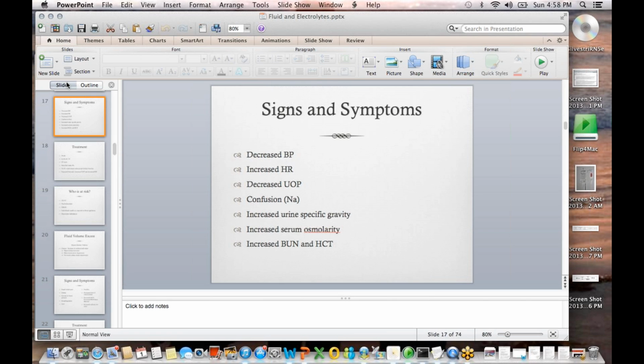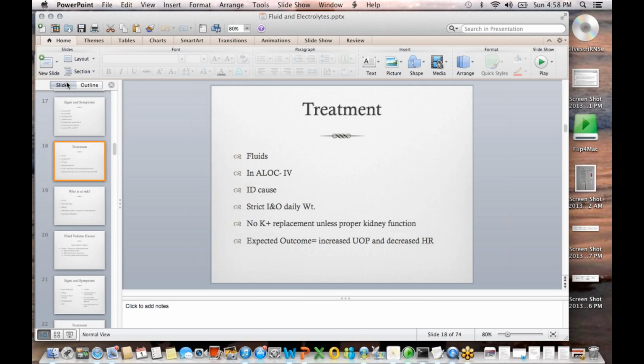For treatment, IV fluids. You want to identify the cause. Daily weights, which we talked about, are the major indicator of the patient's fluid status.